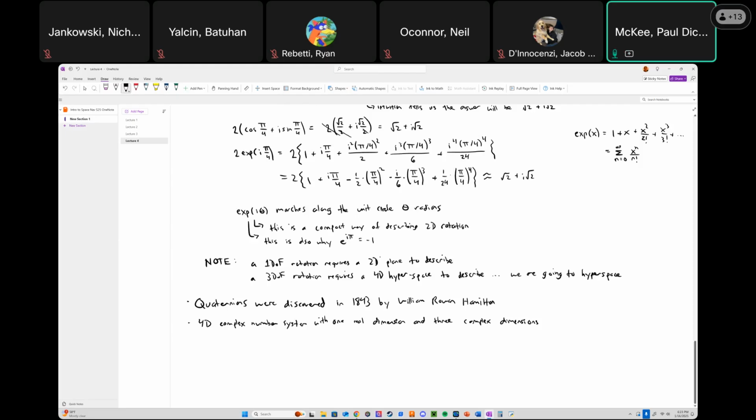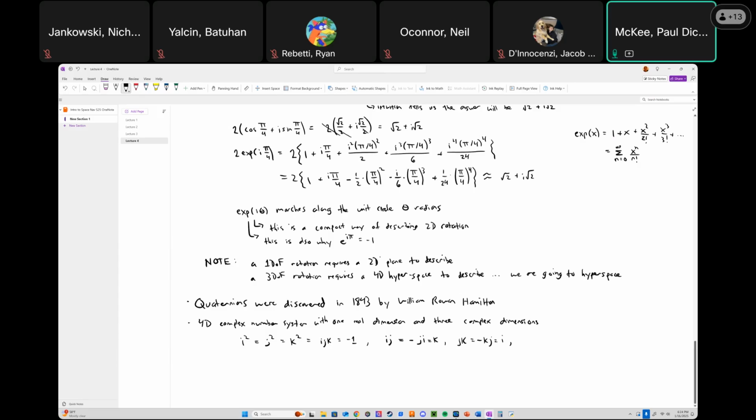And the way it works is that i squared is also j squared, is also k squared, is also i times j times k, and they're all -1. And also, if you have a vector in i times a vector in j, that is the same thing as -ji, which is k. jk is the same thing as -kj, which is i.